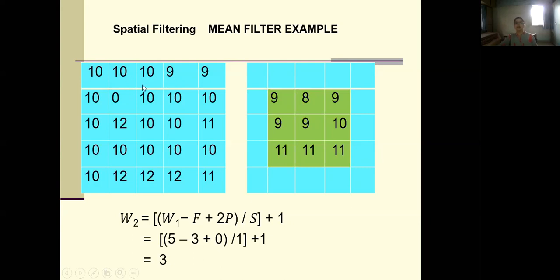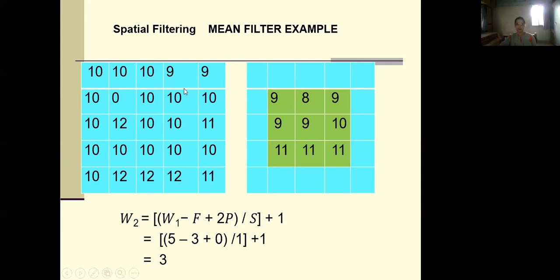Now, what is filter size? We have considered 3 by 3 filter. So width and height are same for the filter and filter size is 3. And what is original image size? Image width and height is also same. It is 5 by 5 for the given example.